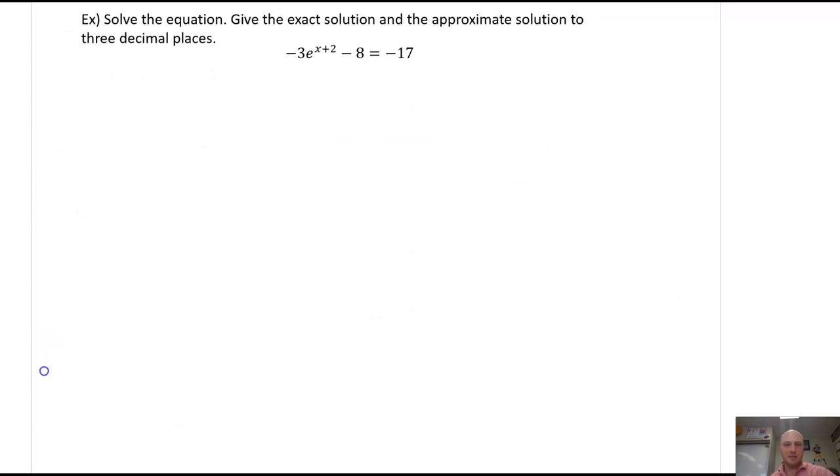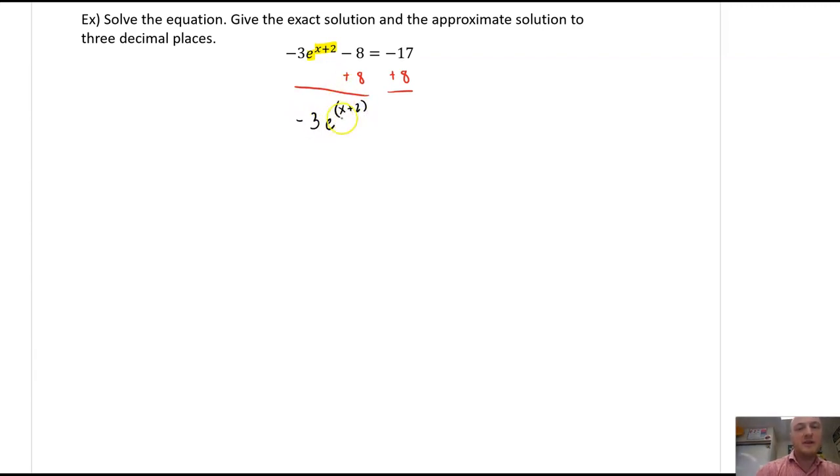Here is example 2, in which we're going to have to do a little bit more heavy lifting to isolate our power expression, e to the power of x plus 2. This time I'm going to undo addition and subtraction first. So I'll add 8 to both sides, giving us -3e to the power of (x plus 2).